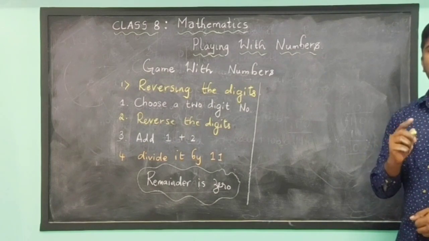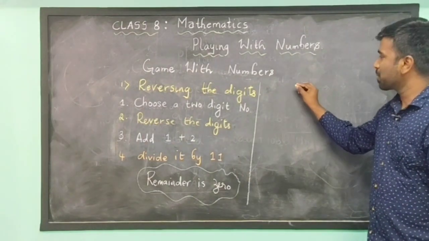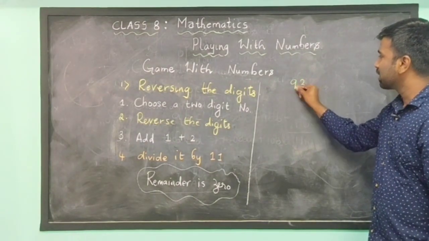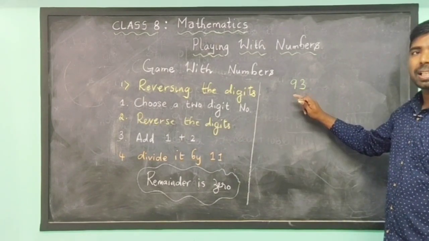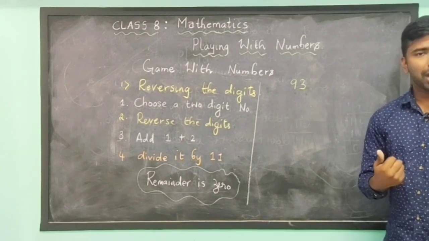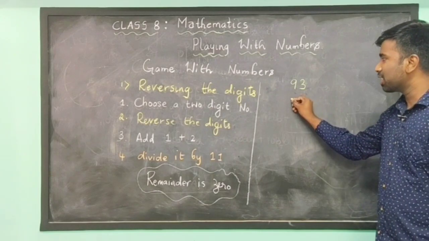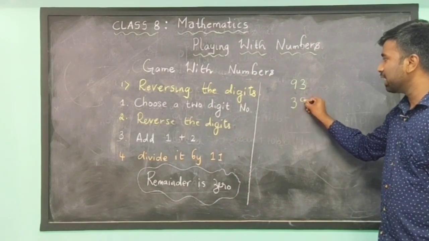Students, I'll take one more example. I'll choose the number 93. Reverse the digits, now it becomes 39.